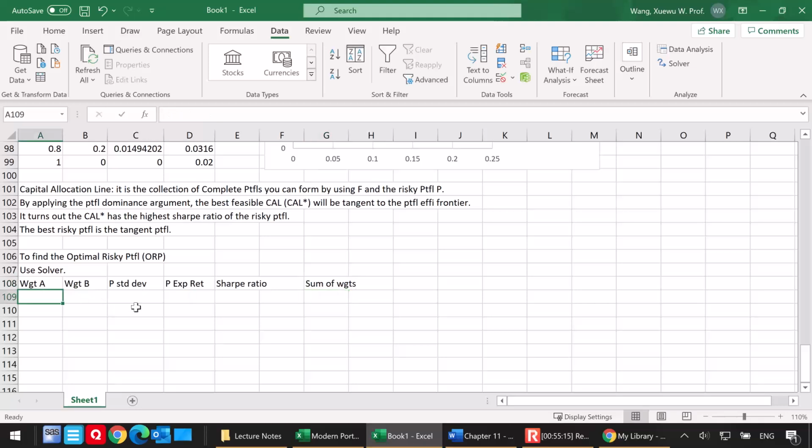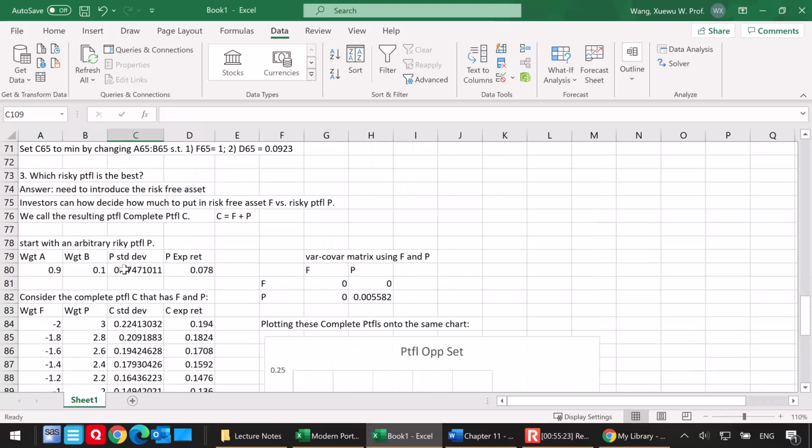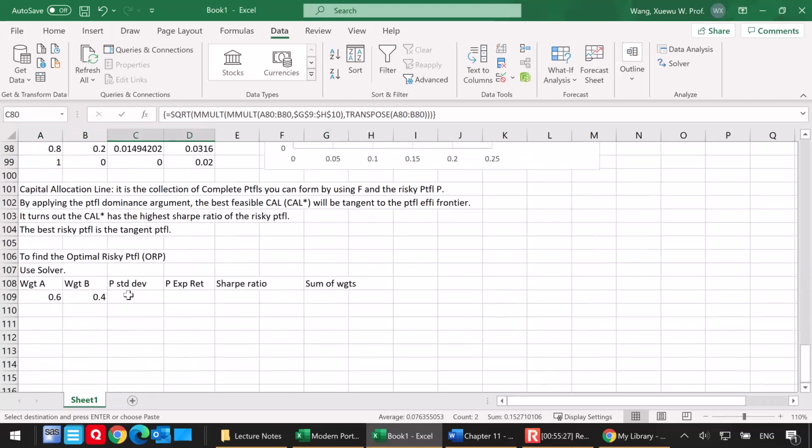So I'm just going to put 0.6 and 0.4. I can copy the calculation I did earlier. This is doing the calculation for the risky portfolio expected return and standard deviation.